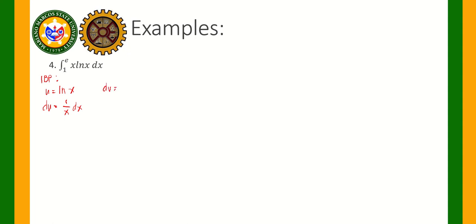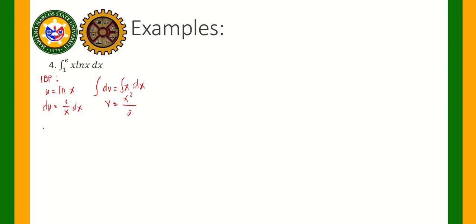And our dv will be equal to x. So, v will be equal to x squared all over 2. Okay. So, plug na natin. Ano ba yung formula ng IBP natin?